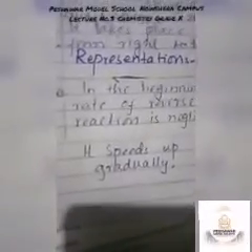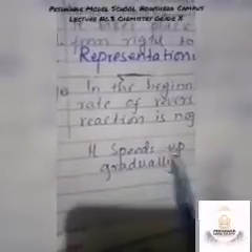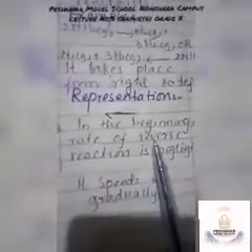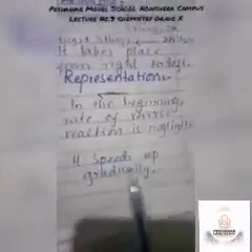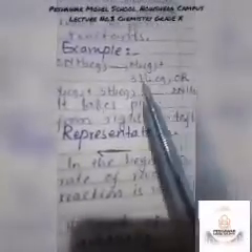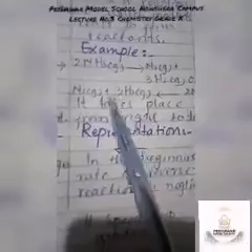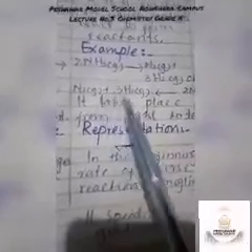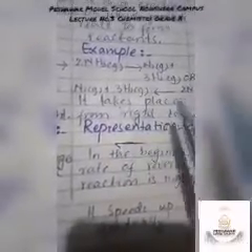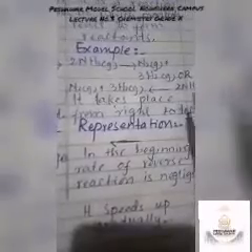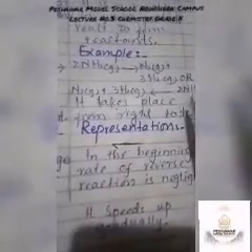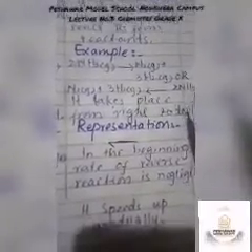Okay, look at the backward reaction. It speeds up gradually. Why does it speed up gradually? Because when there are two reactants and the reaction goes to completion, there will be product in sufficient amount.